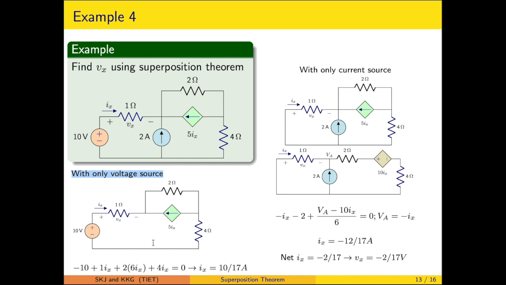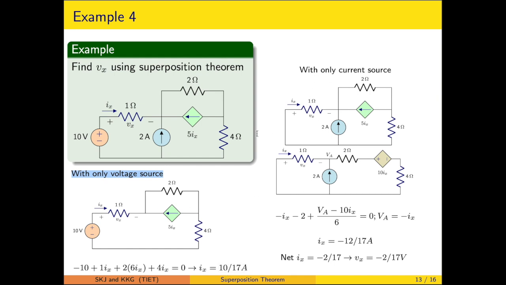So in that sense, the equation is resulting into minus 10 plus 1 into Ix plus 2 into 6Ix plus 4 into Ix is equal to 0. So that particular is leading to the Ix value as 10 upon 17 ampere.